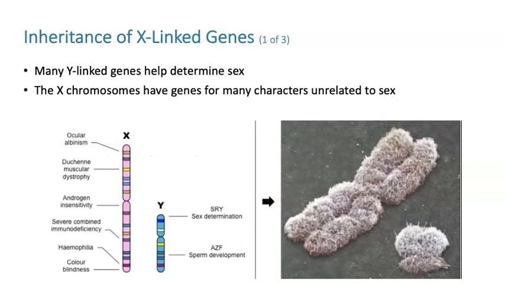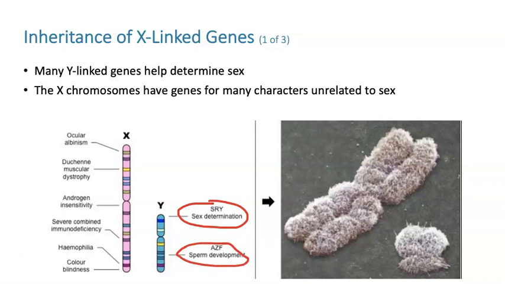Many Y-linked genes, though, do help determine sex. In fact, there's this region of the Y chromosome called the sex determination region, or the SRY region. And there's this other region called the AZF that's important in sperm development.